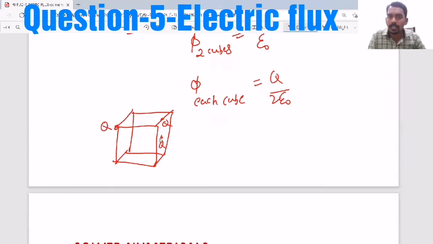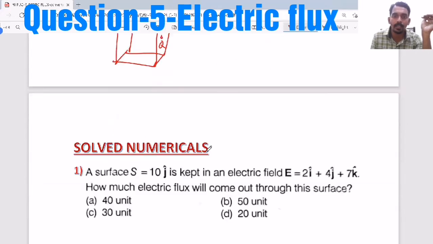If they place it at the face center, you have to imagine one more cube. If they place it at the edge center, you have to imagine three more. If they place it at the corner, you have to imagine seven more. Like that, in each case, you have to imagine a particular shape so that the given charge is enclosed. Then only you can apply Gauss law.